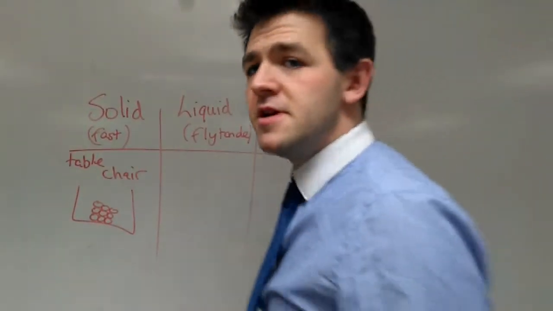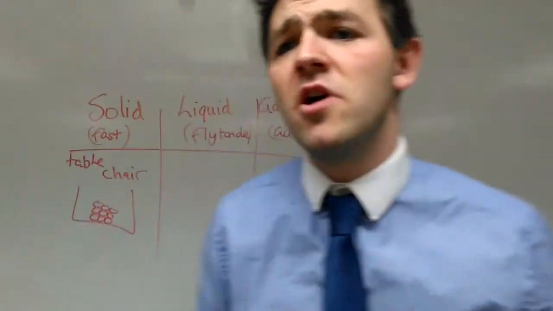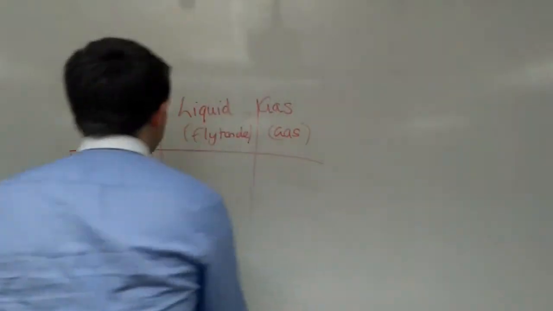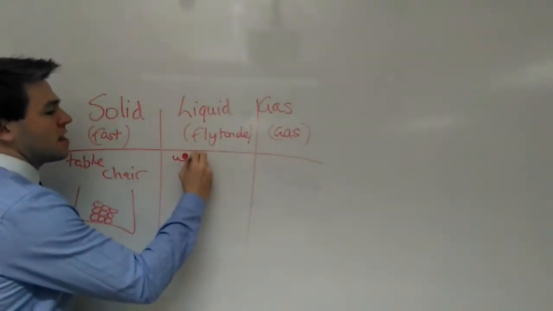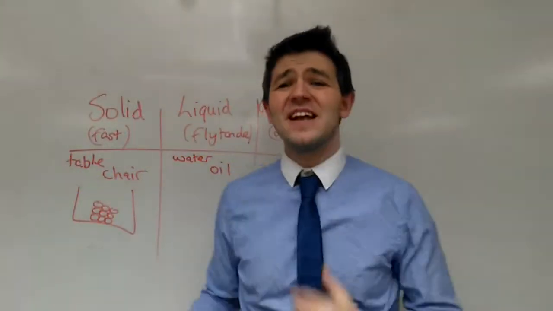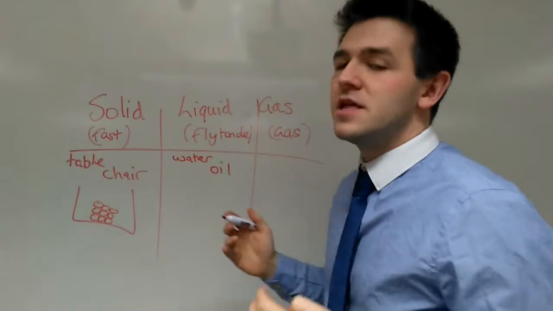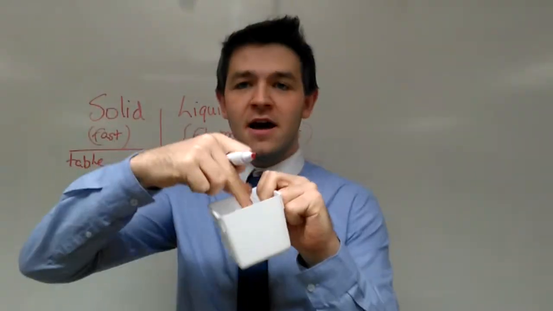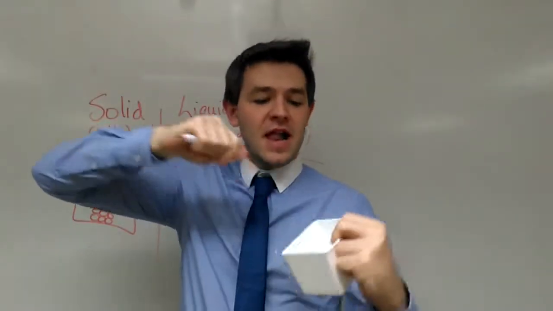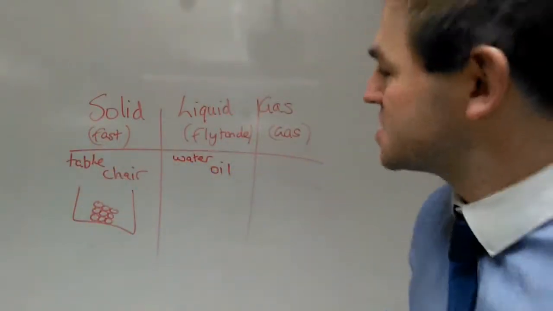With a liquid, now I'm talking about things that can actually start to move. So this goes up from table to chair, but maybe things like water, maybe things like oil, for example. Different things now that they can actually move and go to different places. If I put water in here, it doesn't all stay together. It spreads out, goes to the bottom, and spreads out to the different space.